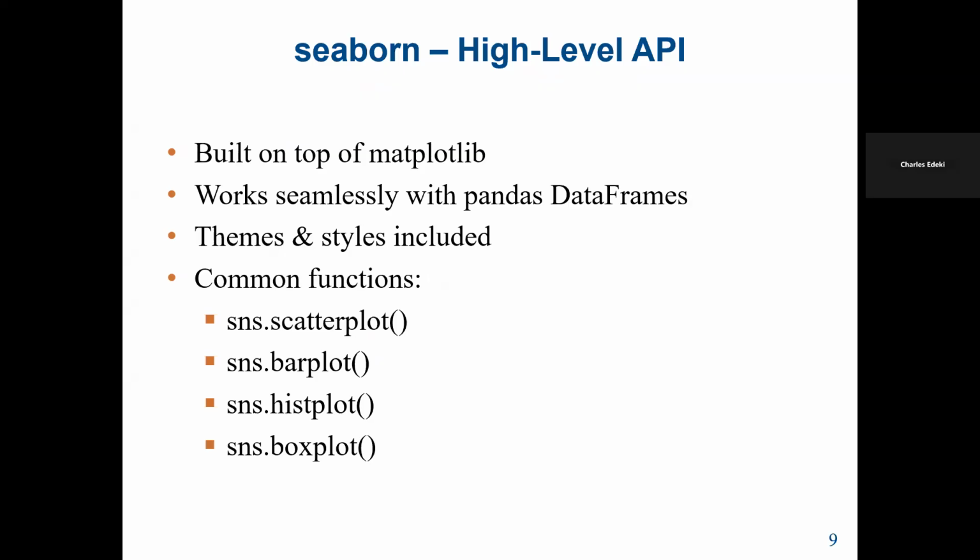It has themes and styles, for example, whitegrid, darkgrid, etc. Also, it reduces code compared to matplotlib. Common functions we can see on our slide are sns.scatterplot, barplot, histplot, and boxplot.